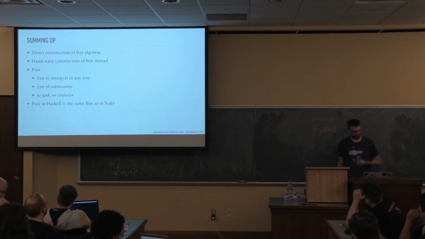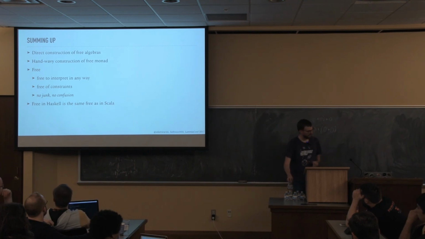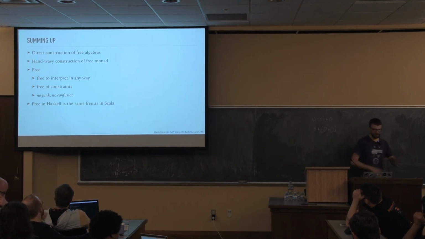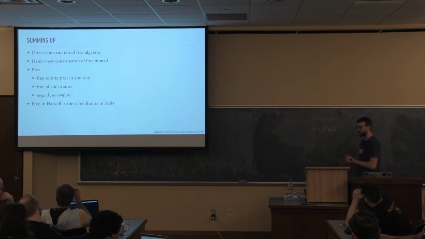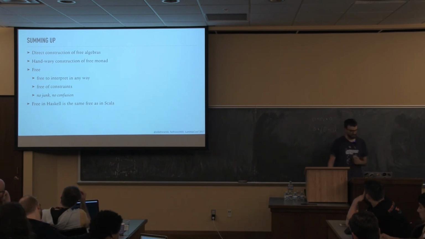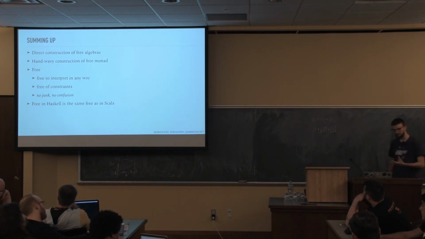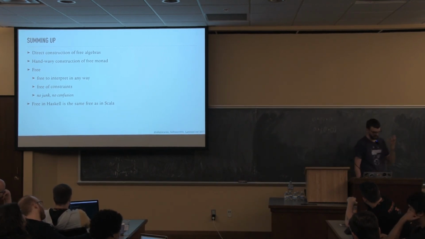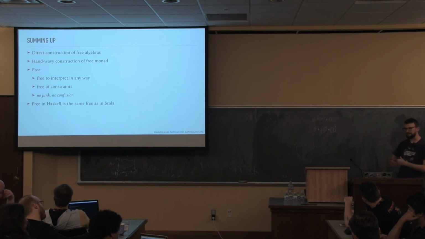Okay, so to sum up what we did, we have conducted a direct construction of free algebras for any signature, and then in a bit of a hand-wave way, not a very rigorous construction, I've shown how this corresponds to the construction of a free monad. Now, free is free because the resulting structure can be interpreted in any way.